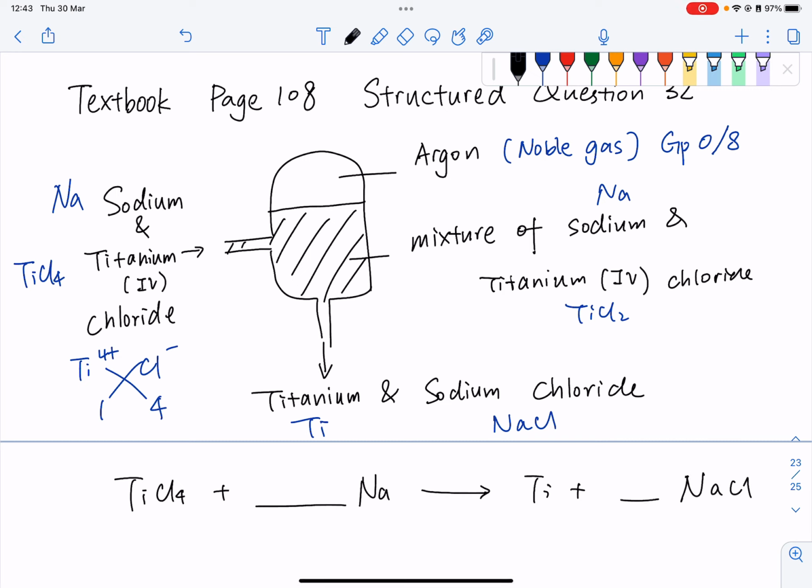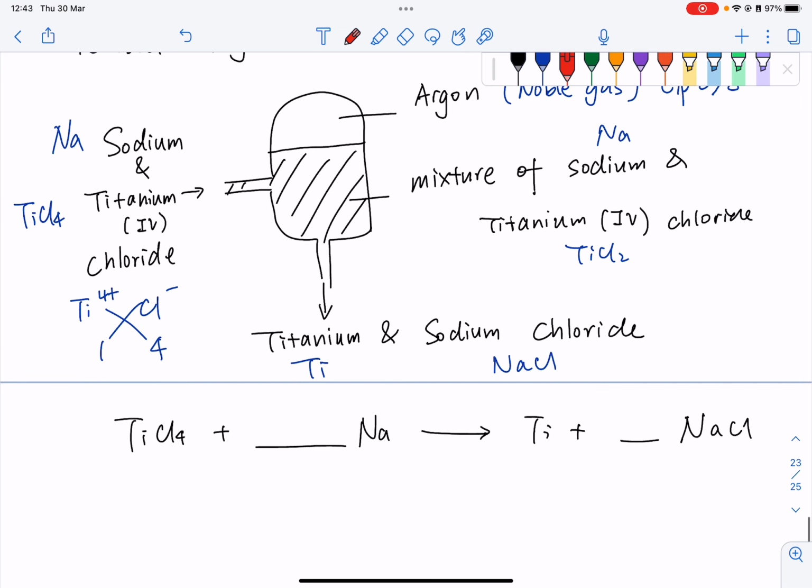Alright, let's count. How many titanium on the left? They have 1, right? This one also has 1, so we don't need to do anything. And then how many chloride here? We have 4 on the right, but we only have 1 on the left.